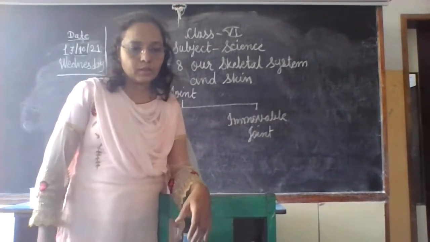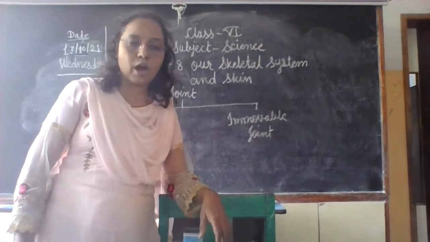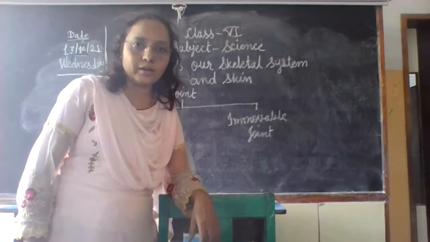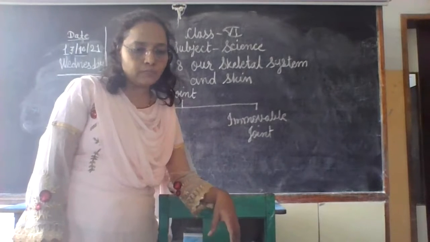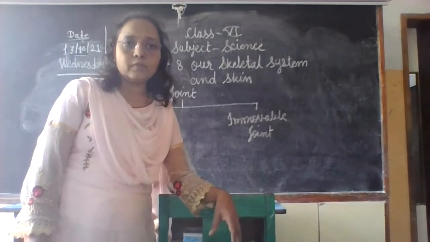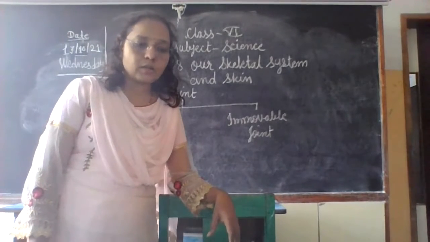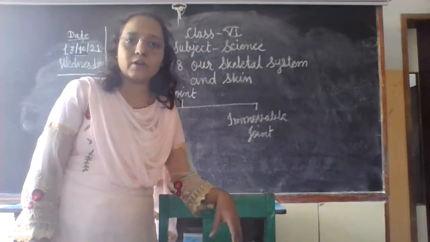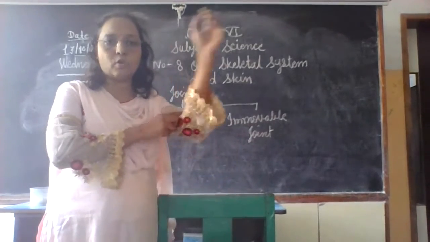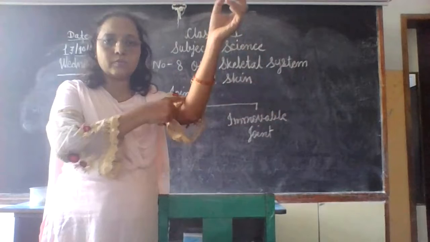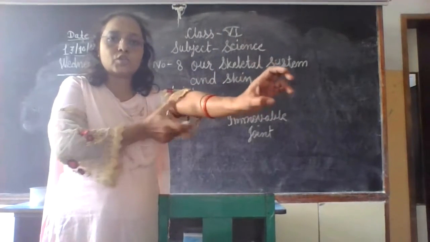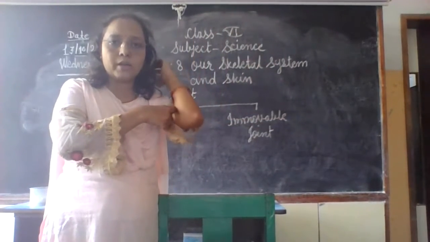It moves in a 180-degree angle. Okay, do you know the angle? An example of the hinge joint is the elbow joint and our knee joint. So this is the elbow joint. See here, our elbow joint is a hinge joint, it shows movement only in one direction.